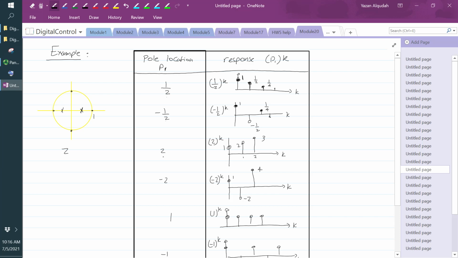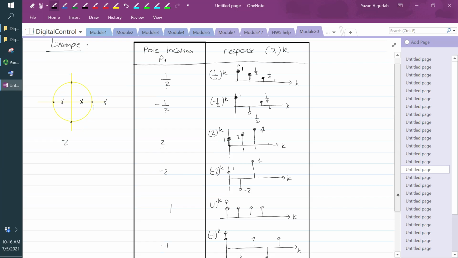What happens if I have the pole at 2, which means it's outside the unit circle? It's going to be 2 to the k. It's going to be 1 at 0, 2 at 1, 4 at 2, and 8 at 3, and therefore it's going to be a growing exponential signal.